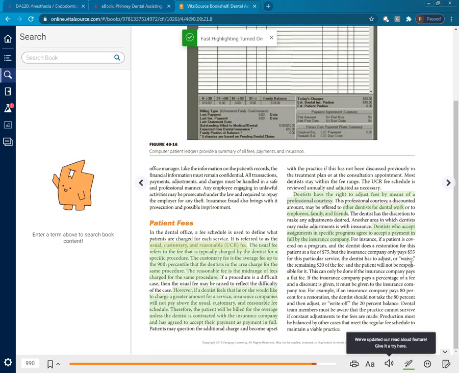So again, the one I'm familiar with is Medicaid. If a doctor accepts Medicaid, they're going to write off whatever the difference is, because we are legally not able to charge that patient for the difference, because they're a program that they've agreed to accept.